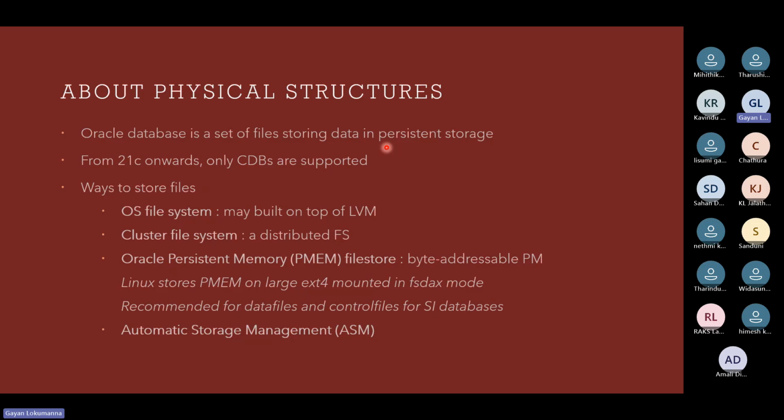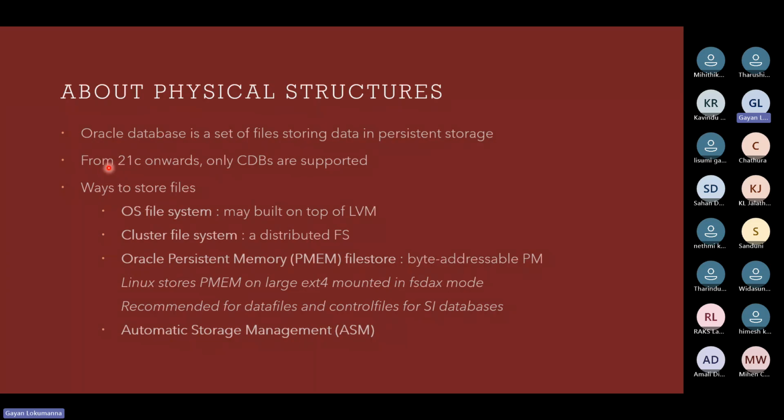When I say persistent storage, those are physical files. So you make sure that upon a restart of a machine, the file content is not going to get erased. If you put it on volatile memory or physical memory, it might disappear. So here we store them in persistent storage to make sure the data is retained upon a machine restart as well.